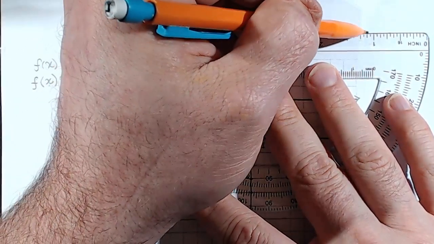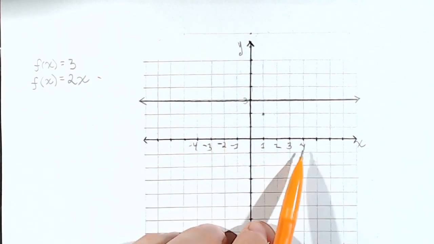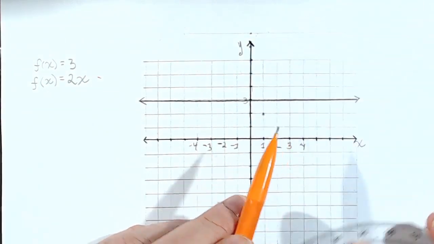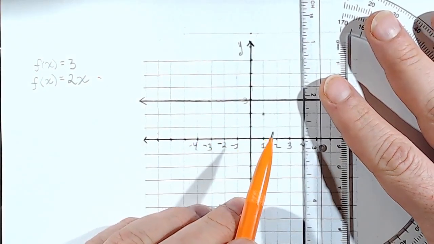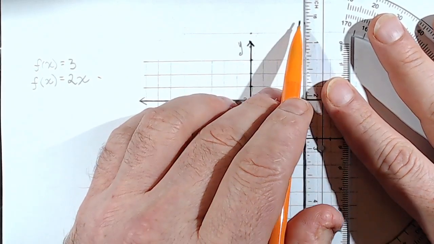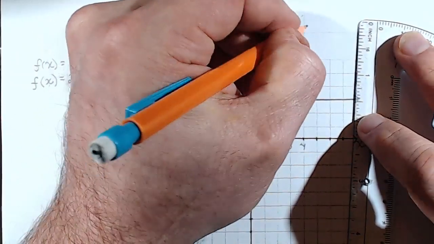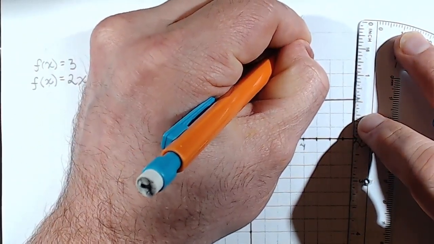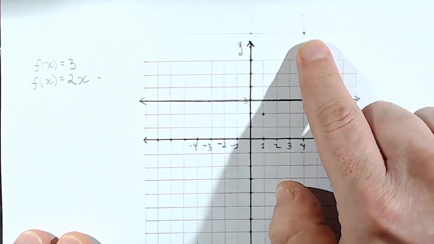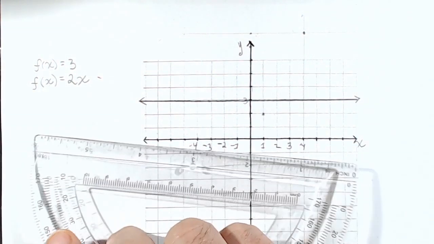Let me just draw this. So at f of 4, the y value is 8. That point would be about right there. Okay, so this is f of 4 right there for this equation, f of x equals 2x.